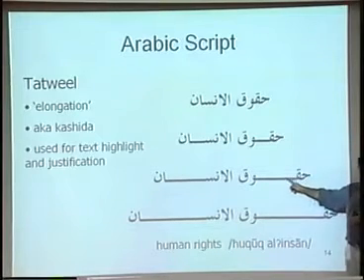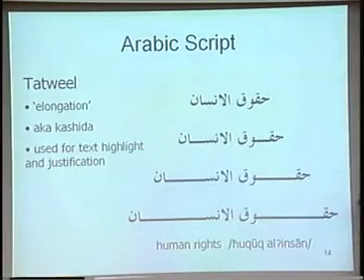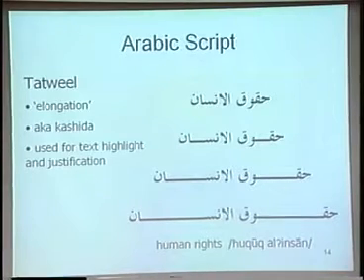And these elongation pieces are actually represented as separate characters in the text itself to force the word to be longer. So the history of this elongation is basically trying to do manual typesetting in certain cases, but also to give prominence to the words.